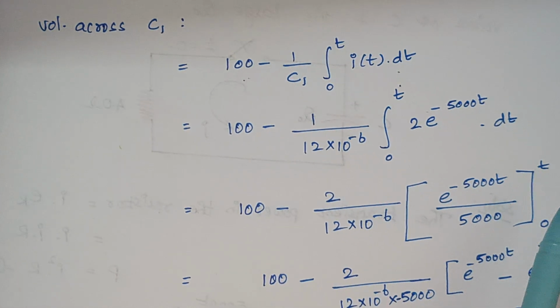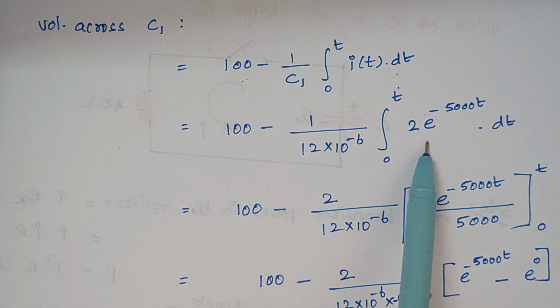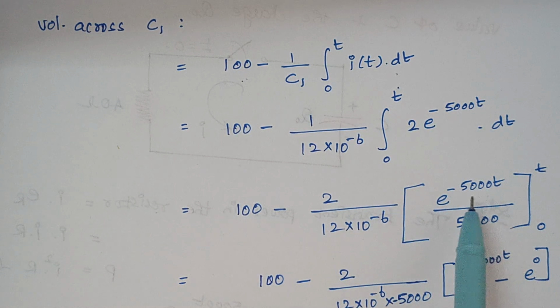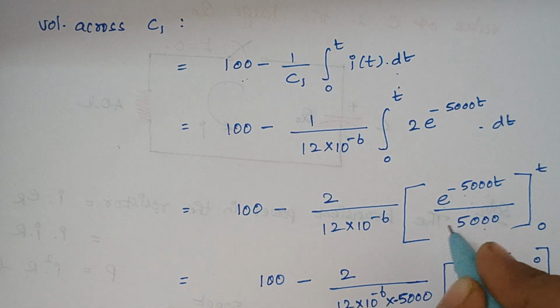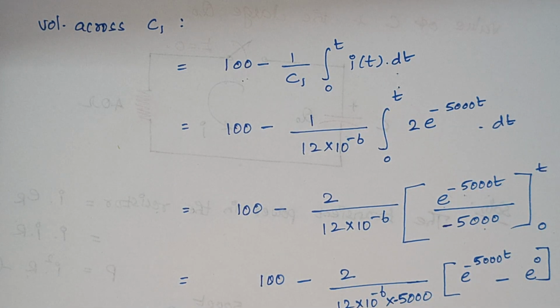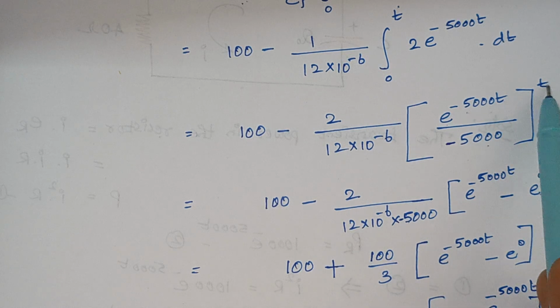Here you see 2 is a constant, so we are taking it outside, and when you integrate this exponential term, it is e to the power minus 5000t divided by minus 5000. Now again I am taking this 5000 outside. After this, I am substituting the limits, where the minimum is 0 and the maximum limit is t.